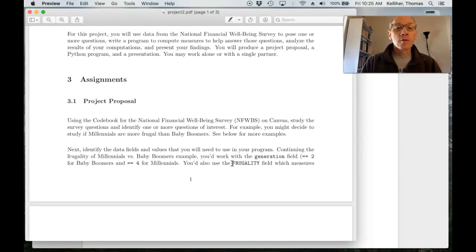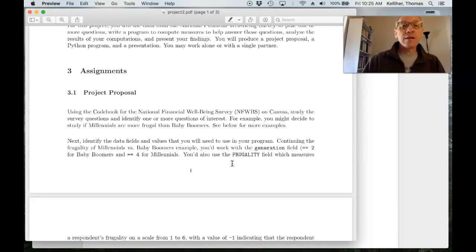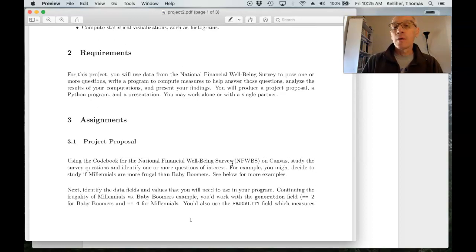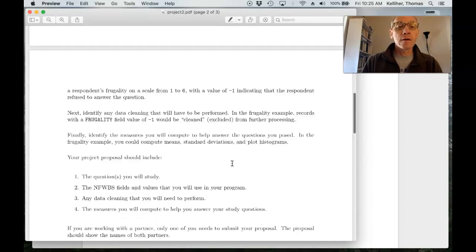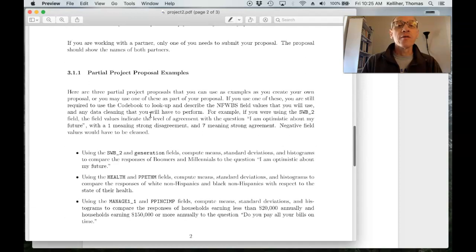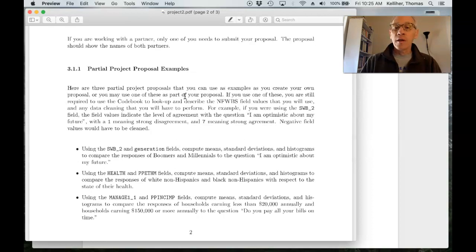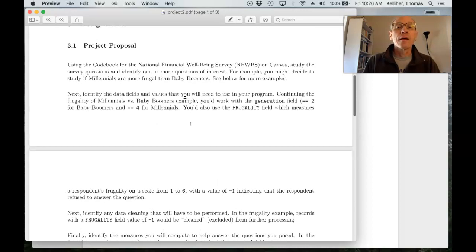Keep in mind, we'll get to this later, but there are some partial project proposal examples listed that you can use as further examples of the process that I'm about to show you, or you can use these as part of your proposal. We'll talk about that in a minute.